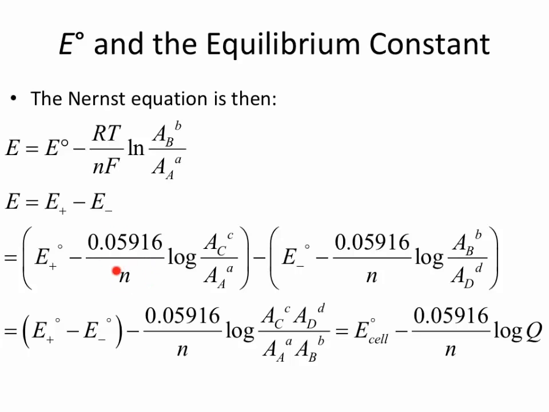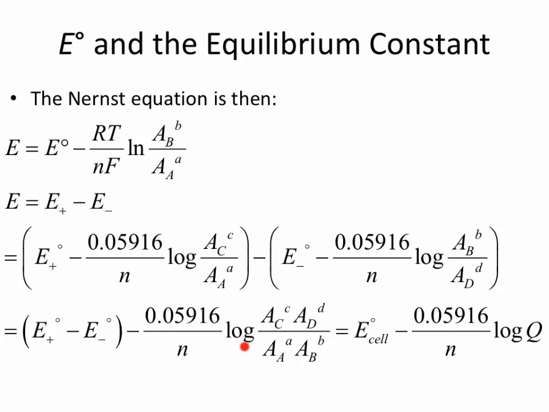When we've converted from natural log to log base 10, that gives us this fraction here. If we leave in our n term, we then have E0 plus minus that fraction with our n, log of this term, minus E0 minus, minus this term, and then log of this Q. We can then group together our standard cell potentials, our E0s, and we can group together these two terms into one big term, because the n here and the n there will be the same value, so that will be just a single n.